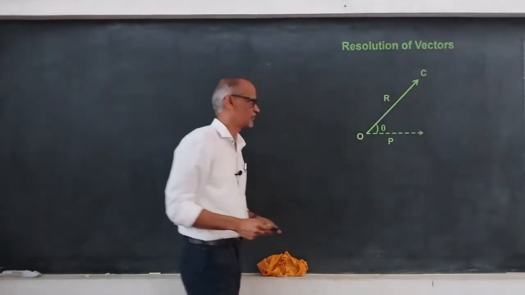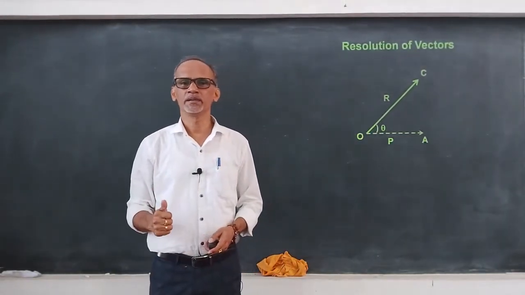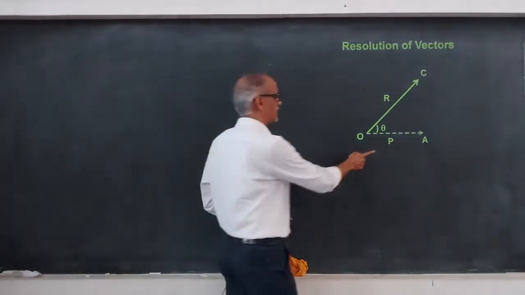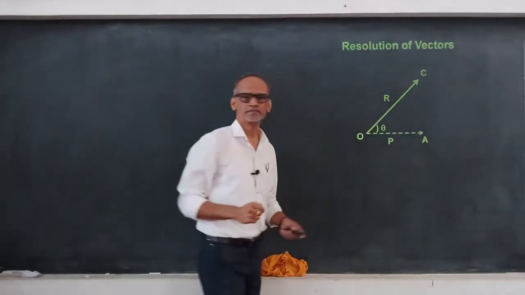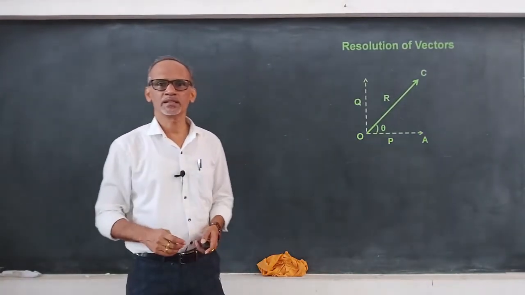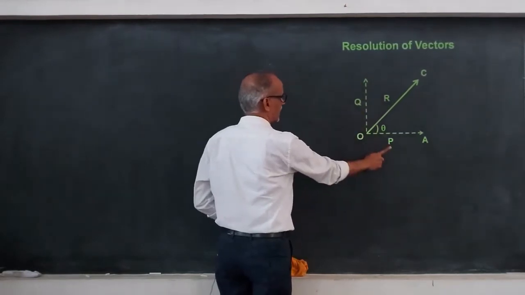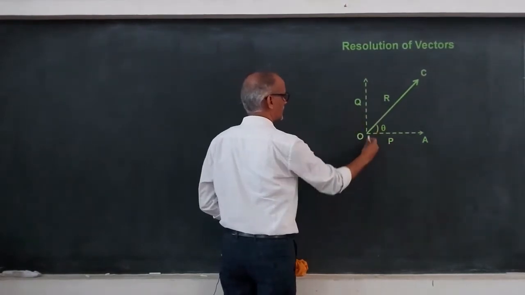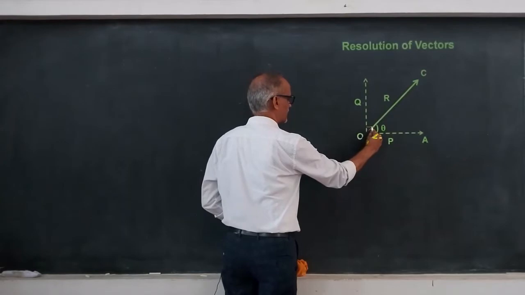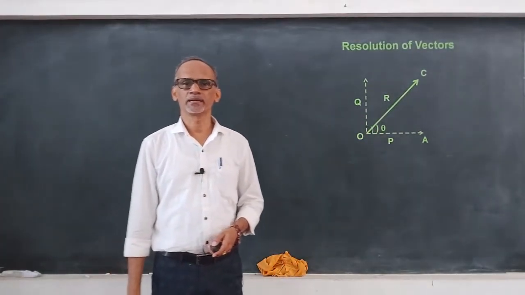has a magnitude P and it acts along OA. So what is P? One of the components of R. Component means part of R. Which is the other? The other will be along the vertical, that is Q. So the angle between P and Q is 90 degrees. These are called rectangular components.